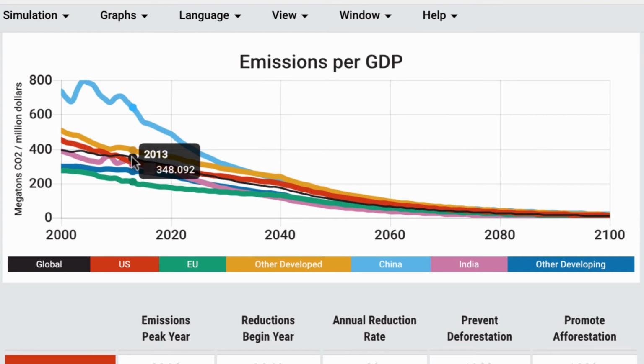And it's other developed countries in second and the US in third, with the EU down at the very bottom as the cleanest economy in the world. So how you judge these different plans really depends on your country's perspective and the graphs you're using. So you do need to play with C-Roads quite a bit.